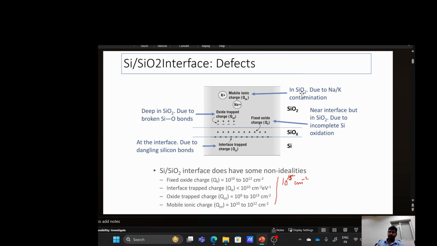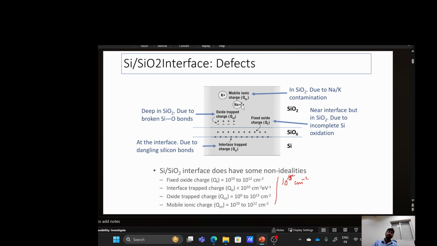Another type of defect inside the SiO2 film is due to ionic impurities, small atoms like sodium or potassium contamination, because these move very fast inside the SiO2.